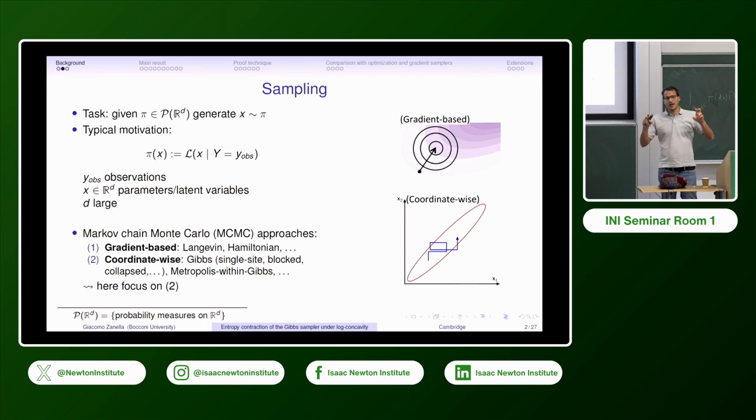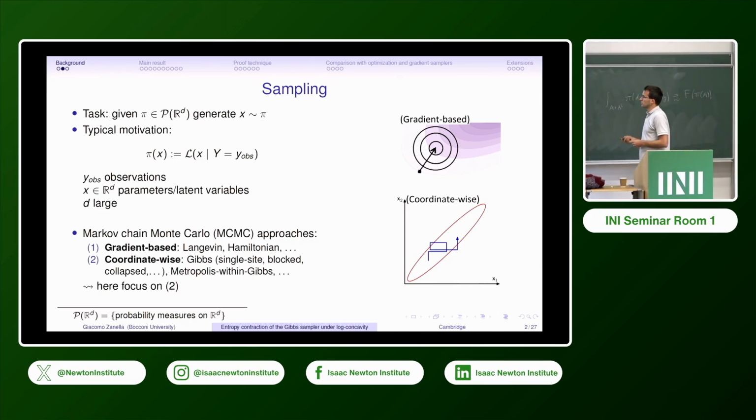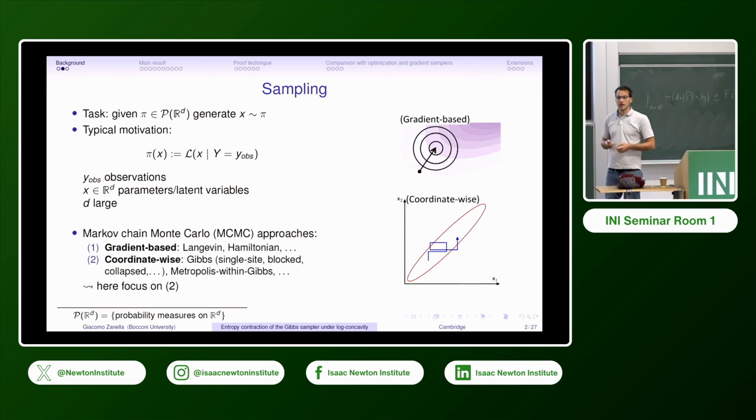The second is methods that are more like conditional updates or random projections, which typically work with coordinates. The most well-known example is the Gibbs sampler in all its variants, like single site, blocked, Metropolis within Gibbs, and so on. And this talk, as you can guess from the title, will focus on the second class of methods, the coordinate-wise or random projection methods.